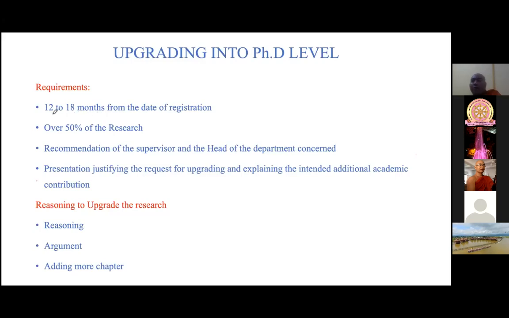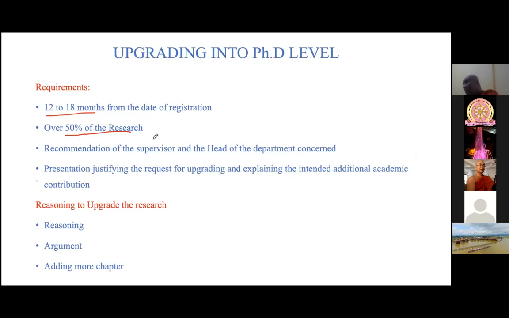Second, over 50% of the research. This means you have to complete 50% of your research. Usually Myanmar students upgrade their research to PhD level after they complete 2 chapters. But sometimes you can upgrade just before you finish your final chapter.